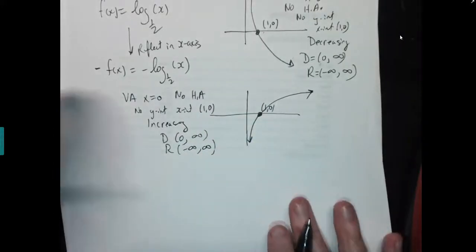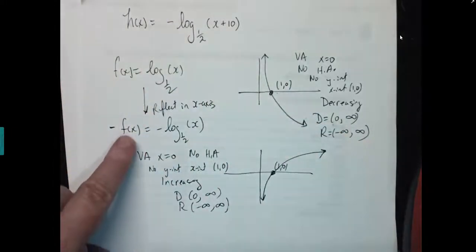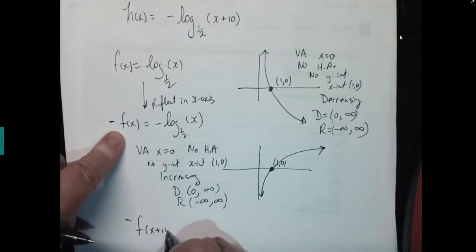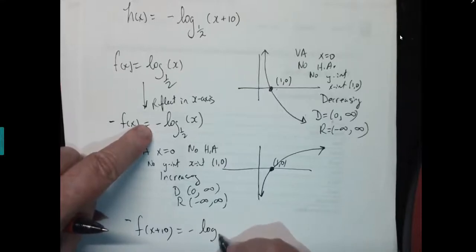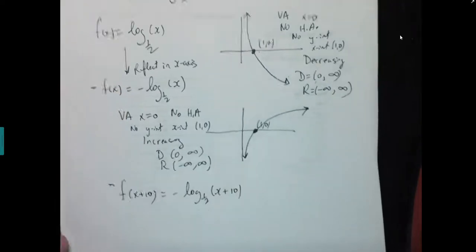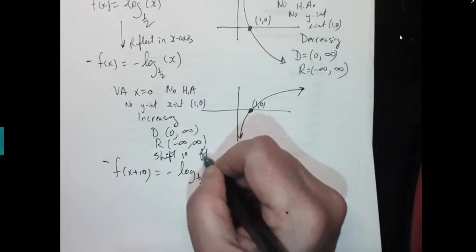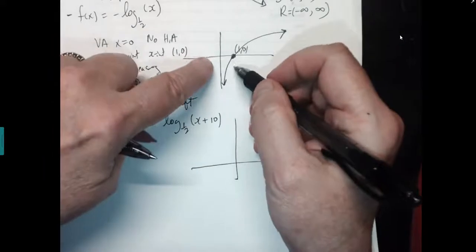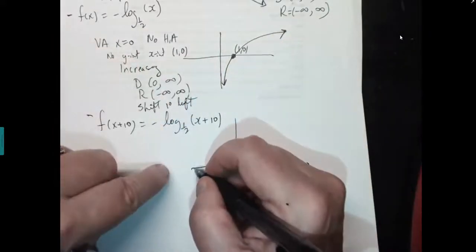Okay. And then finally, how do I turn this into that? Well, I replace the x with x plus 10. And so it's going to take the graph of this and shift it 10 units left. So if I shift 10 units left, well, my vertical asymptote was the y-axis.